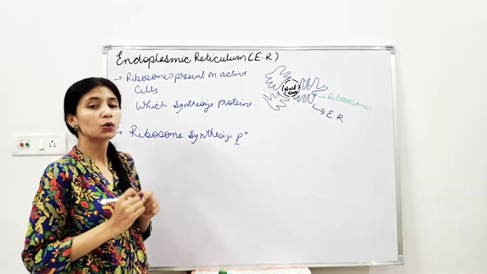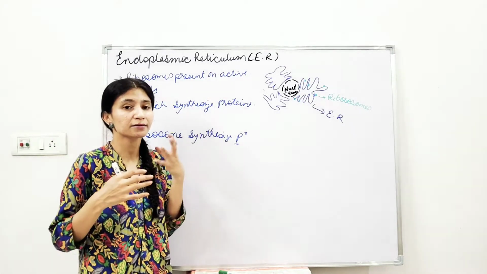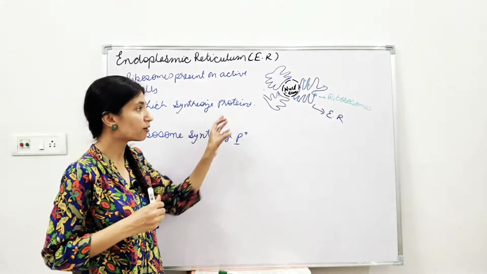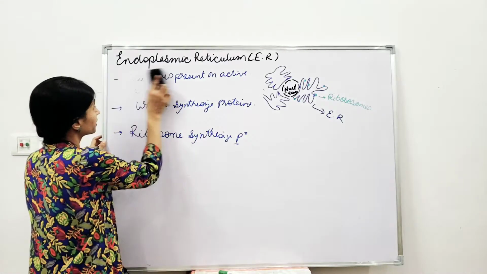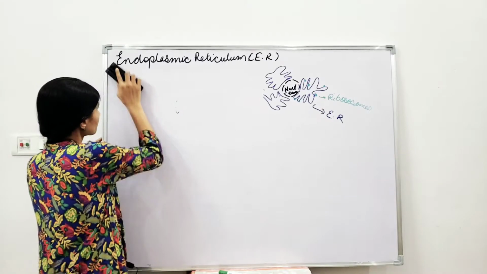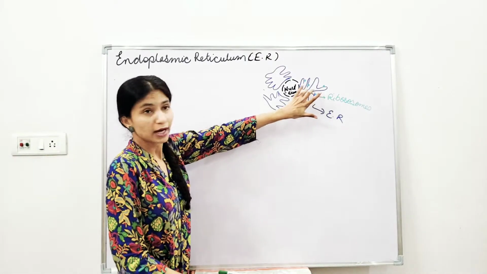Now, the ribosome alone cannot synthesize protein, which means it needs a companion, another component or organelle of the cell, to form the protein. How does it do that? These ribosomes go and get attached on the endoplasmic reticulum.